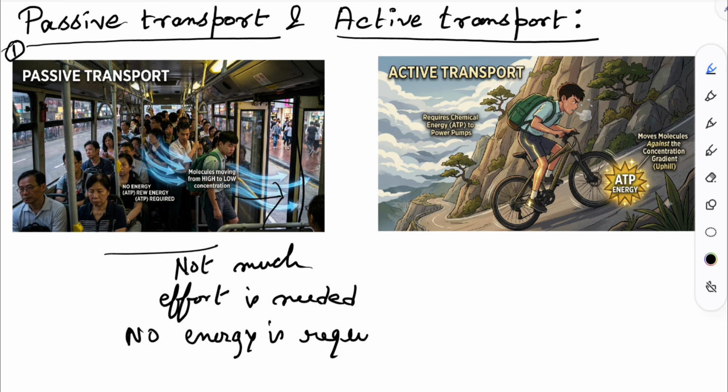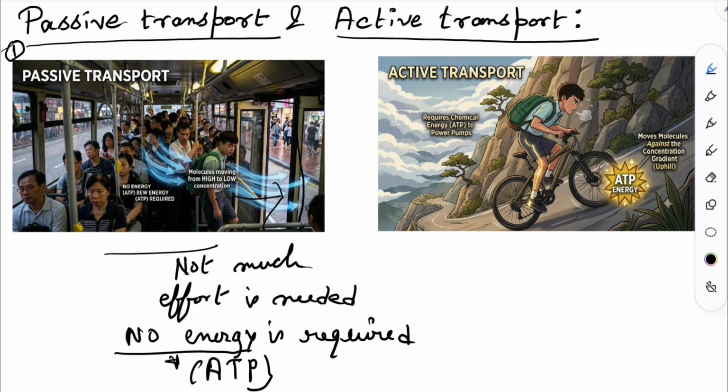We all know that in living things, inside a plant body or an animal body, the energy currency is ATP, right? In this case, ATP is not required in passive transport.